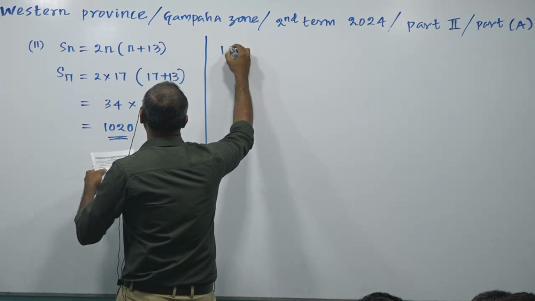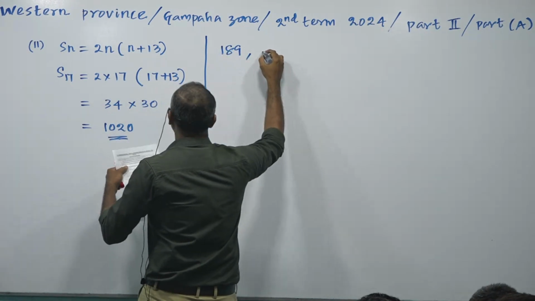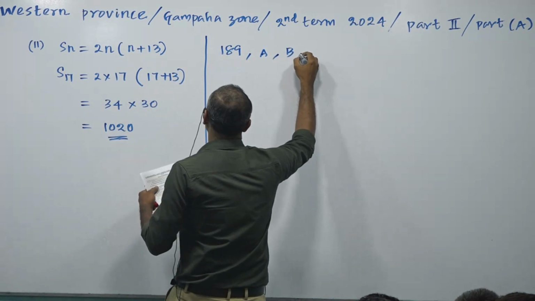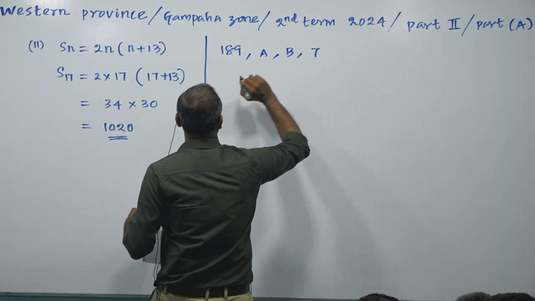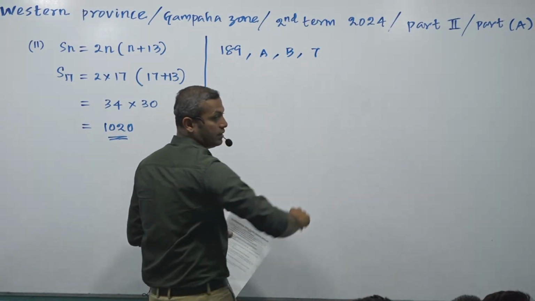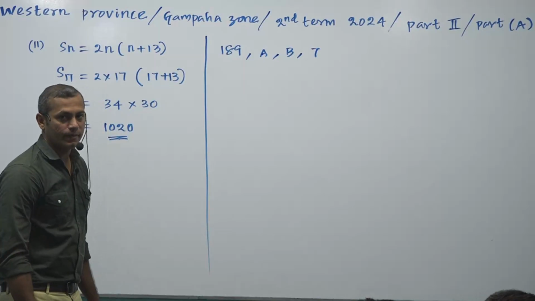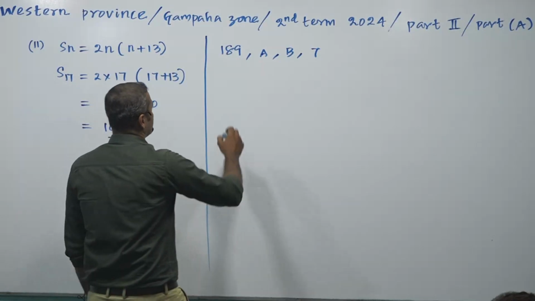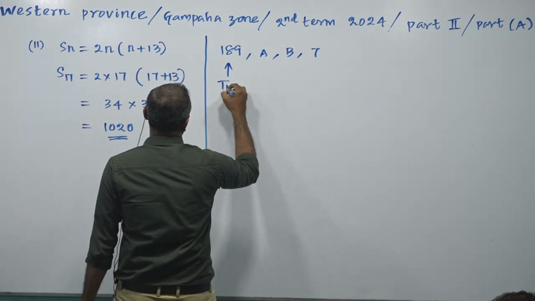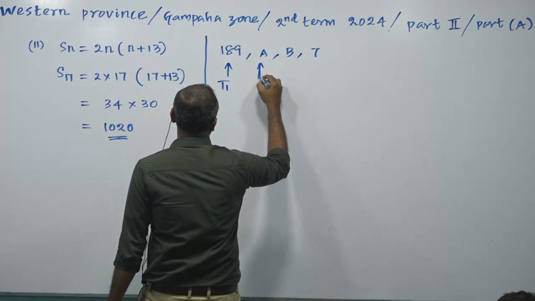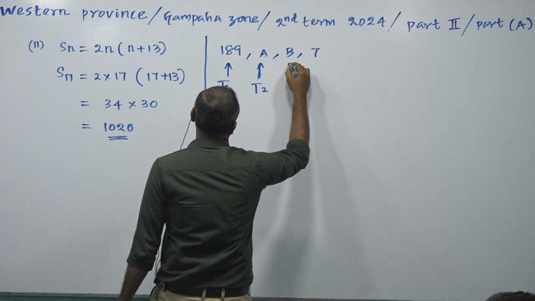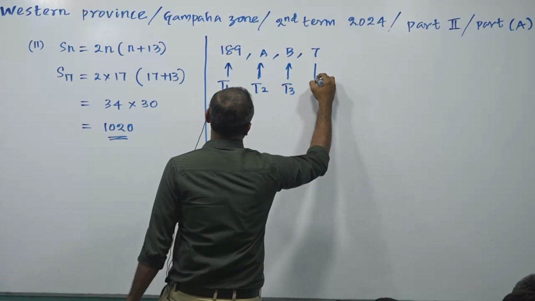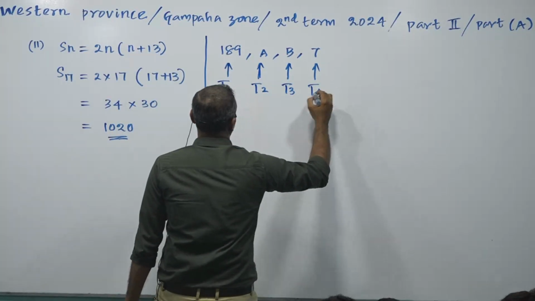What are they? 189, A, B and then 7. This is the first term. You know the general pattern. This is the second term, third term, fourth term. Yes or no?